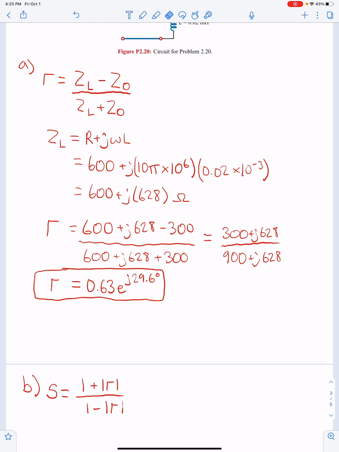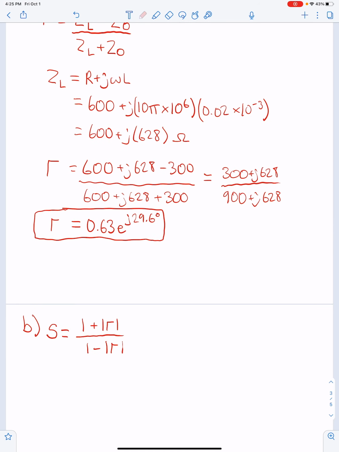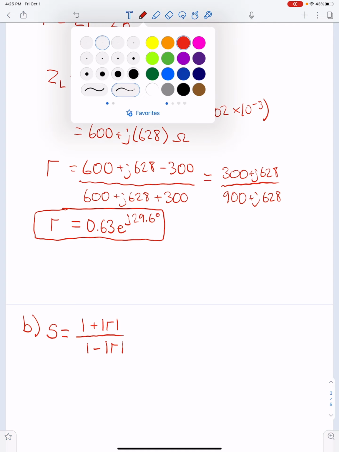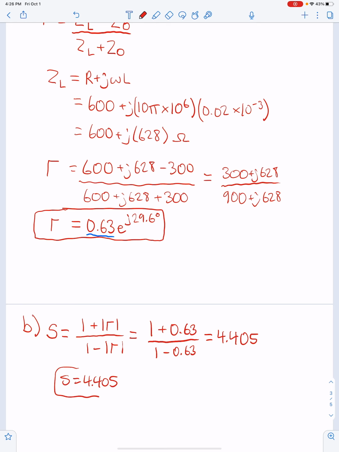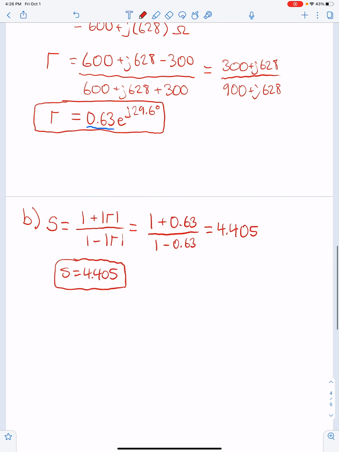You're just solving for your regular one, because we actually have to take the magnitude here. And that's simply this component right here. So we can do 1 plus 0.63 divided by 1 minus 0.63. Okay, and then this gives us 4.405. So S equals 4.405 is our standing wave ratio, which is a dimensionless unit.